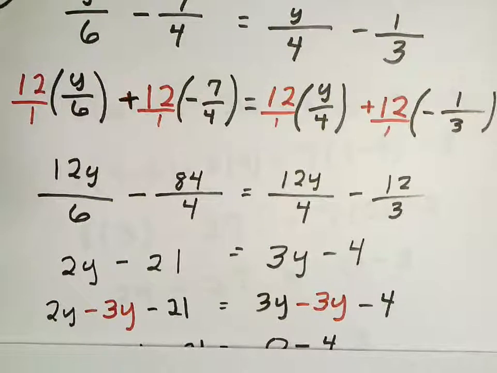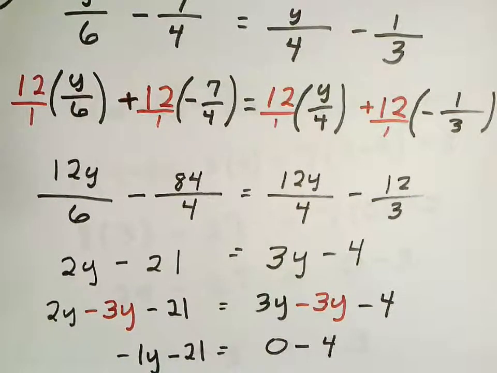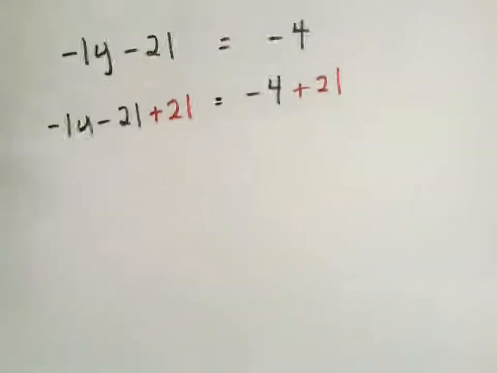We're going to subtract 3y from both sides, as you see I've done here. And we have 2y minus 3y, negative 1y. Bring down the negative 21. 3y minus 3y, 0. Bring down the negative 4. And we're going to continue this.